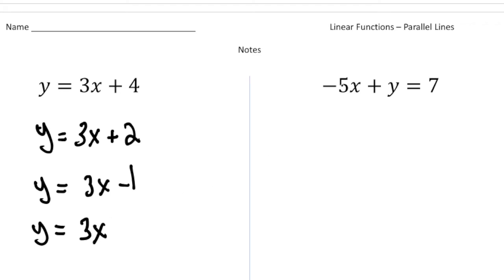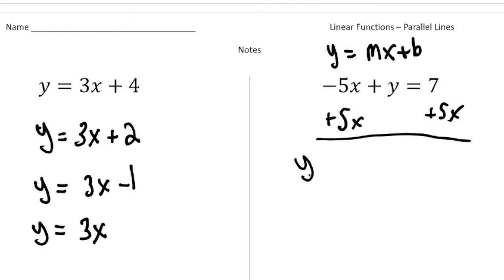Now this one over here, we have negative 5x plus y equals 7. What I want to do first is write it in slope-intercept form, which is y equals mx plus b. In order to do that, I'm going to add 5x to both sides. So now we have the equation written as y equals 5x plus 7.